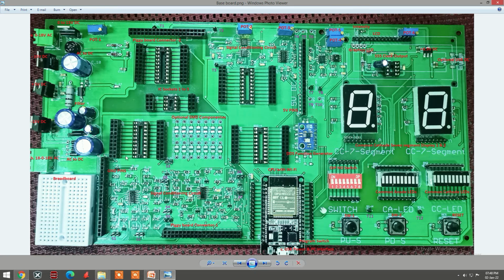Another way of building the circuit is the breadboard. The difference is here the components could be anything. It could be an IC, a transistor, a diode, a resistor, it could be anything. You can mount it here, right? We have pasted a small breadboard to this baseboard itself, so that a small circuit which is not possible to mount here can be mounted here.